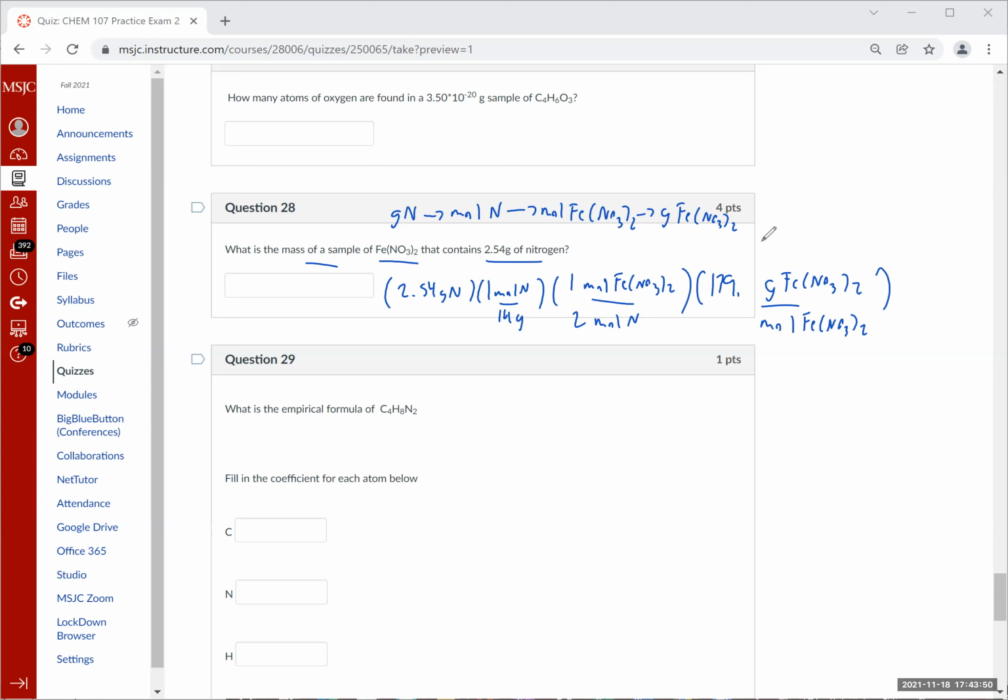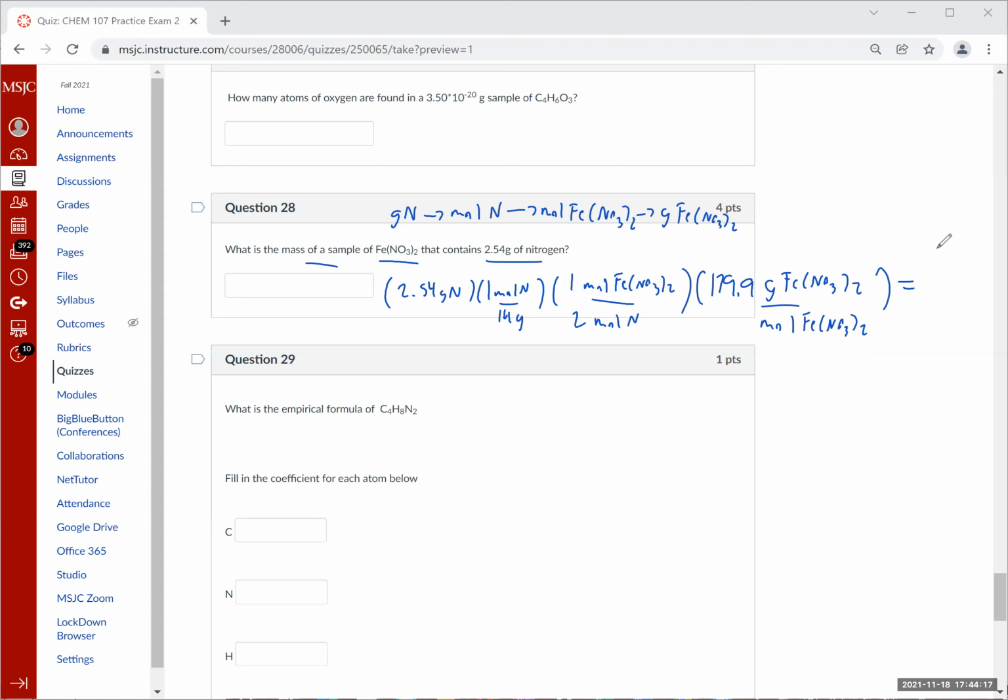179. Let me check. 16 times 3 plus 14 times 2. And then what's the molar mass of iron? 55.85. Yep, 179.9 is perfectly reasonable.